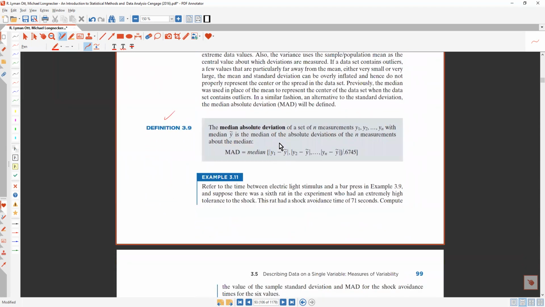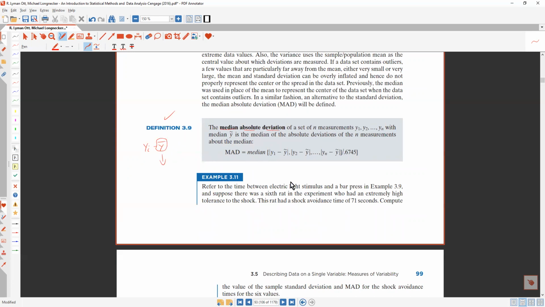The mean absolute deviation, the median absolute deviation rather, we will simply define this now, that sometimes we do not take deviations from the mean. Above, when we computed the standard deviation and the variance, we were using deviations from the mean.